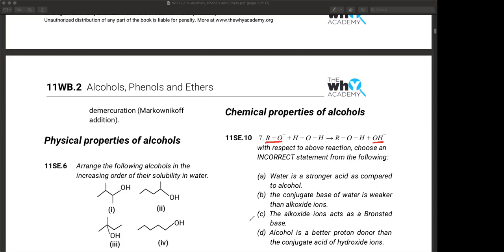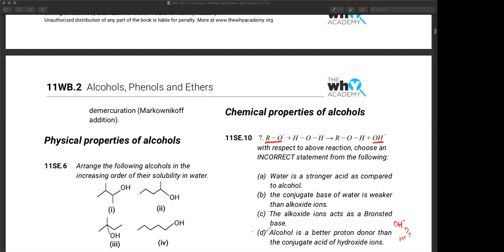Okay. Now, if you look at D, alcohol is a better proton donor than conjugate acid of hydroxide ions. Conjugate acid of hydroxide ions क्या होगा? OH minus, if you take that as a base, a Bronsted base, इसका conjugate acid is if you add a H plus to it.